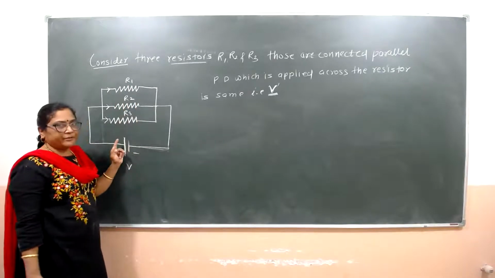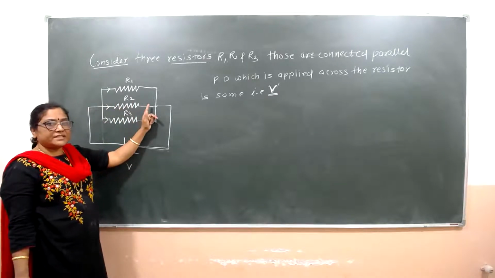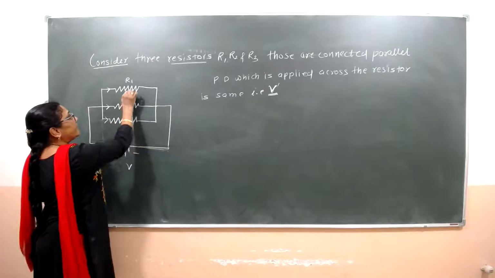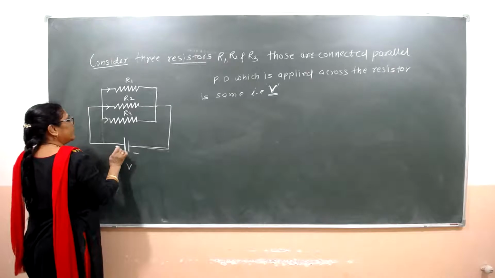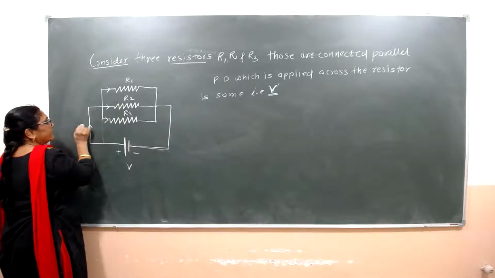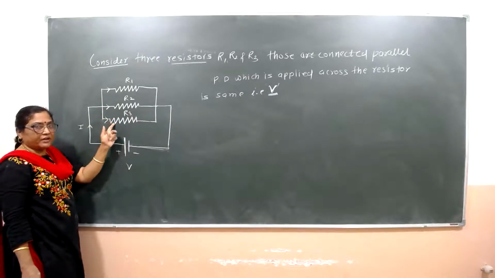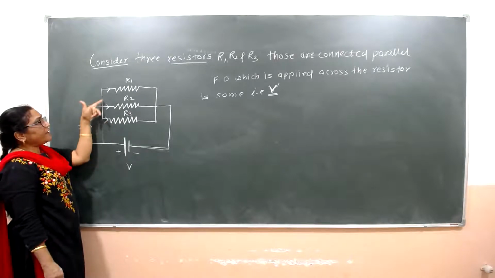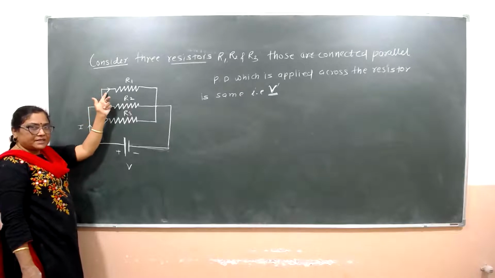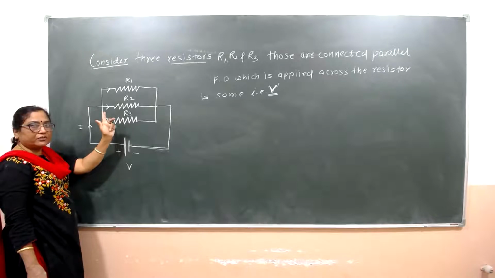Then what happens? In the series combination the current is the same, but in the parallel combination, due to the resistances being different, the current is divided into three parts. For example, if I is the current flowing in this combination, this I is divided into three parts, because according to Ohm's law the voltage is directly proportional to the current.